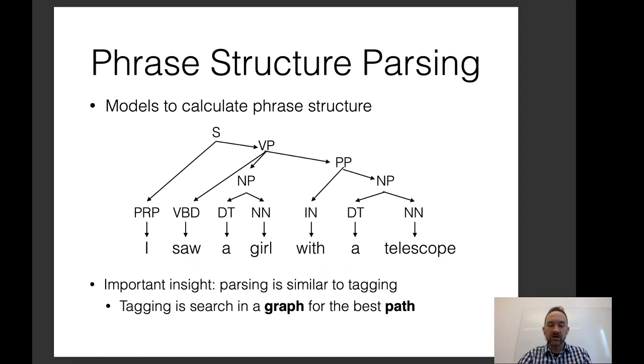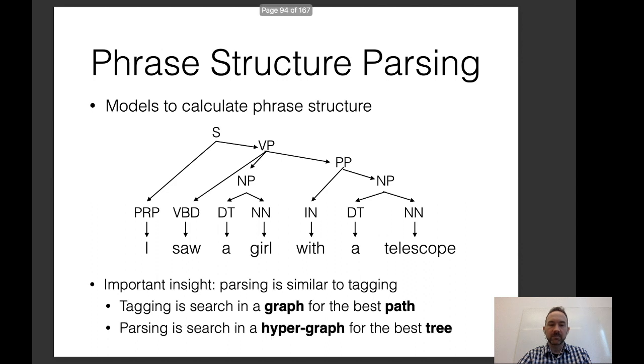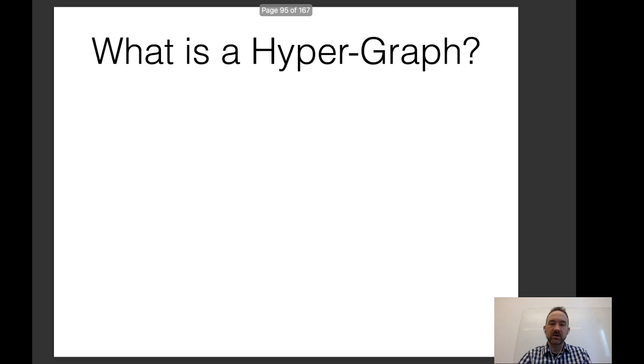So tagging, as formulated in the CRF-based dynamic programs, was search in a graph for the best path. You'll remember we used the Viterbi algorithm to search for the best path through a graph. But here, parsing is search in something we call a hypergraph for the best tree. And I mentioned this briefly in the CRF lecture, but let me go into more detail here.